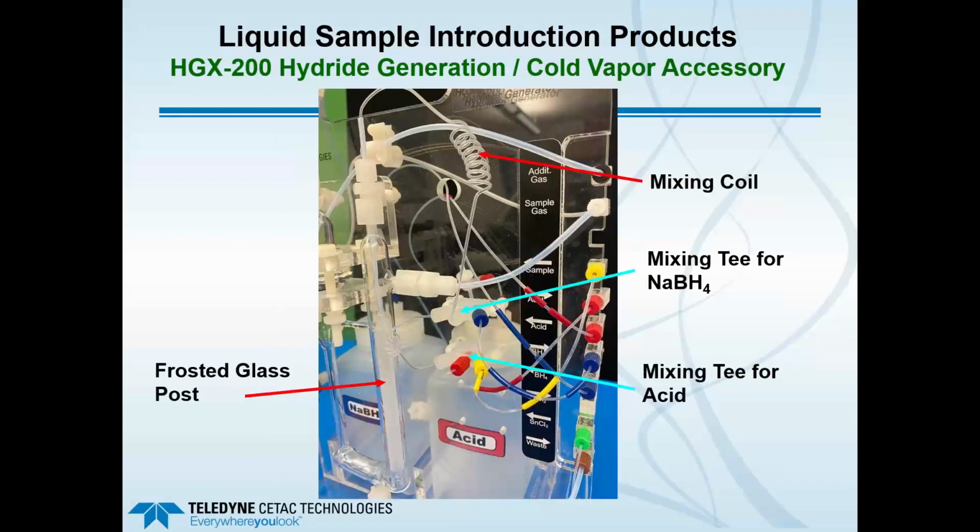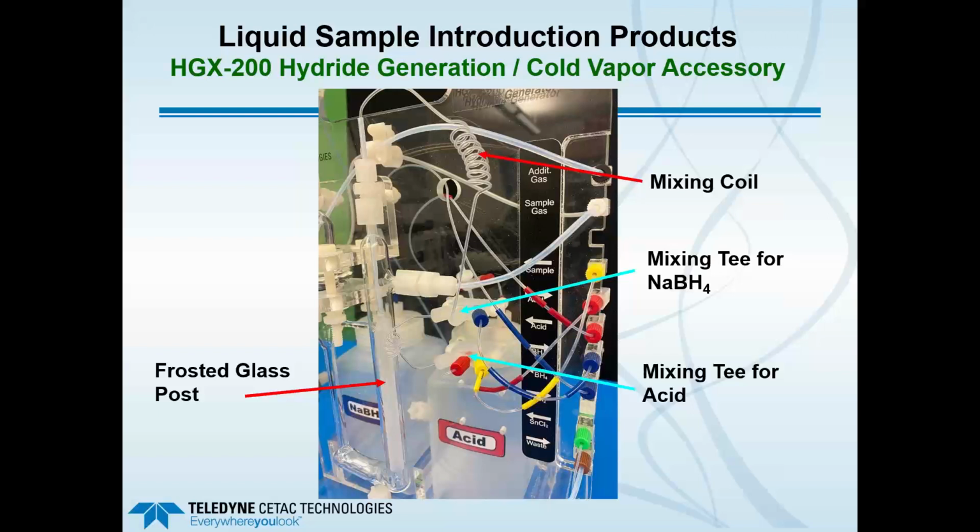So these are some nicer close-up pictures. You can see then again on the left-hand side the frosted glass post. I've also pointed out the 2 mixing tees or mixing blocks. The one on the bottom is for additional acid in case you need it. The one just above is used for the sodium borohydride solution, so of course you're going to use that.